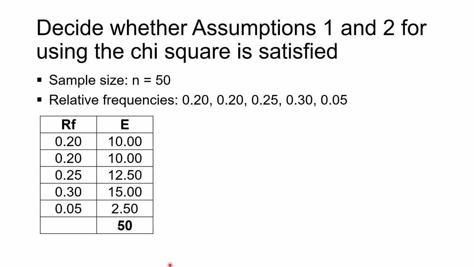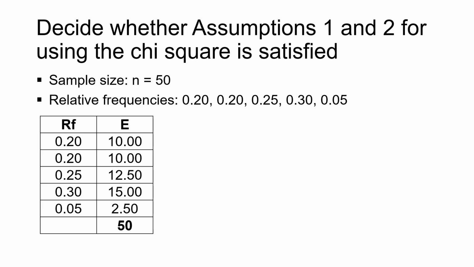So if we look at this, how many of them are actually less than 5? Only 1 is less than 5, and that's 1 out of how many of them? We have 6 of them, right? Or no, we have 5 of them here. 1, 2, 3, 4, 5. So we only have 1 out of 5, and that is 20%. So we meet that one because at most 20% of the expected frequencies are less than 5, and that it's a simple random sample.